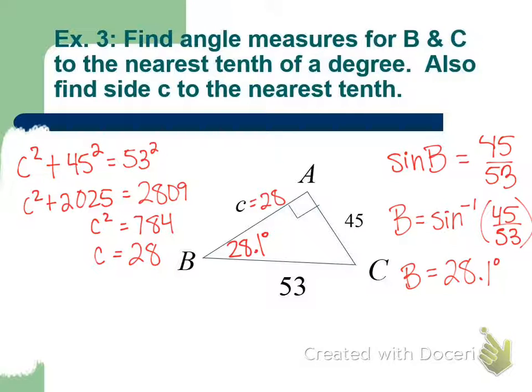And then in order to find angle C, what should we do? Okay, the easy thing to do would be to subtract 90 minus 28.1. What is that? Sorry.